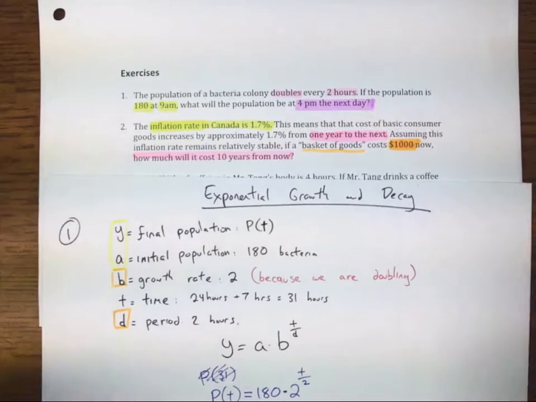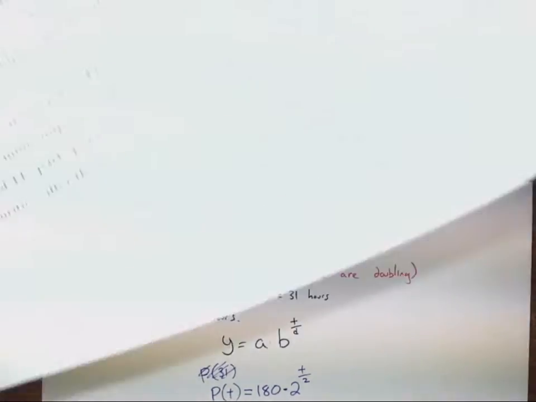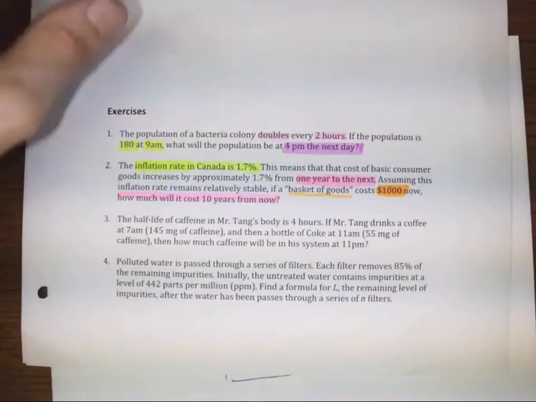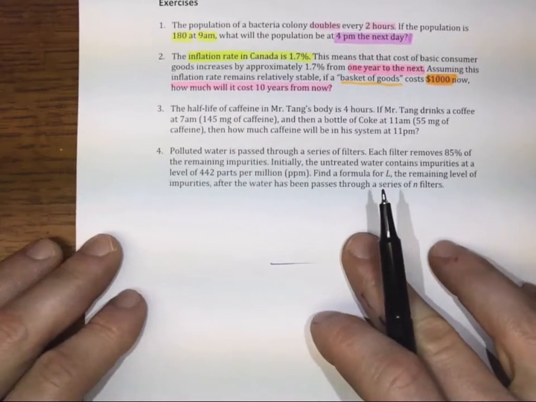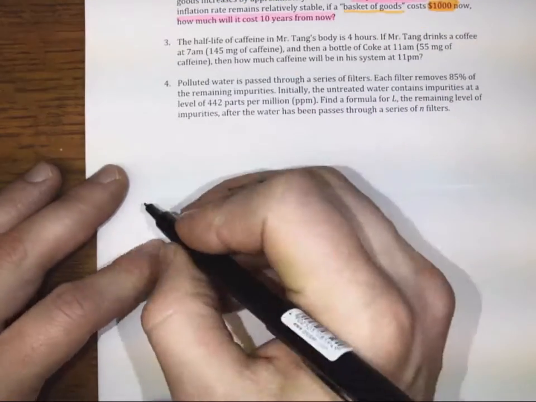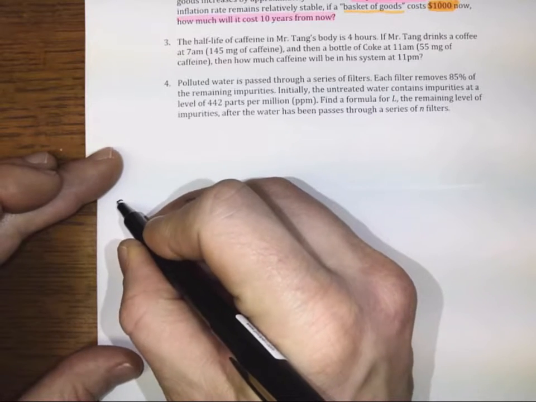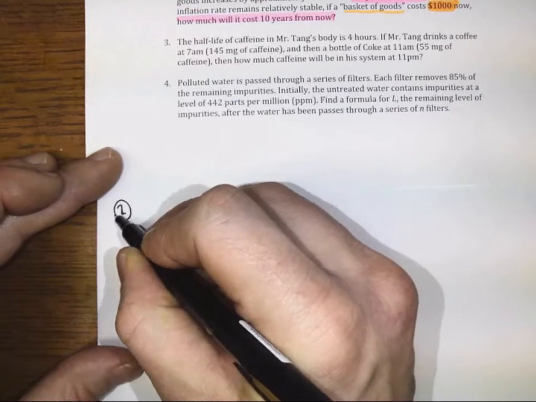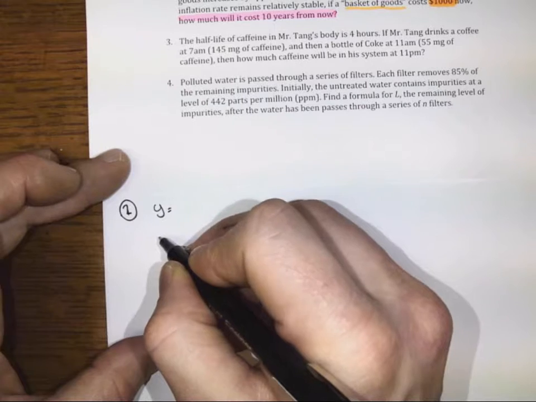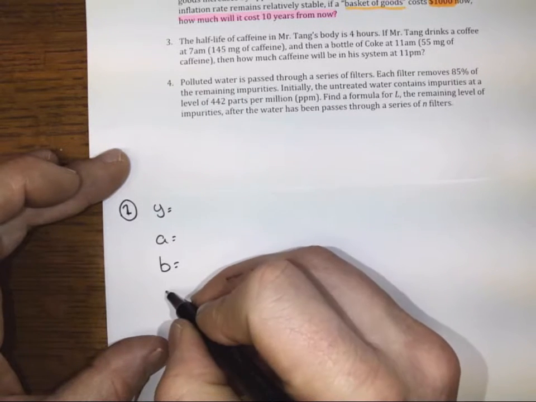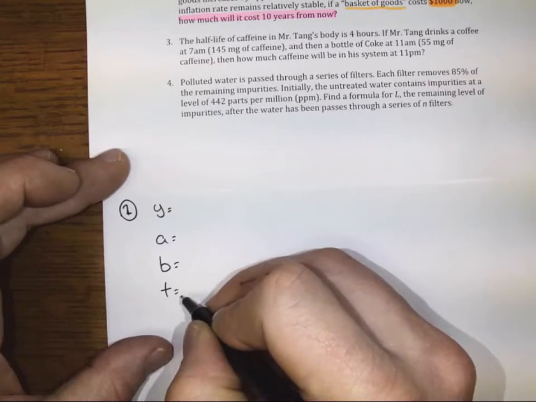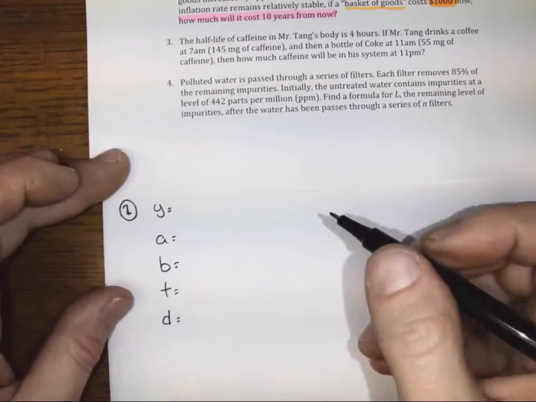All right, so again, Mr. Thielman will have drilled into all of you physics students that it's really important to start by giving values to each of our variables. List what we know. This is the G step in GRAPES. So our final value is going to be the value of a market basket of goods in 10 years.